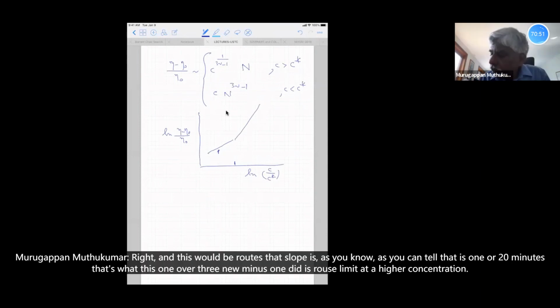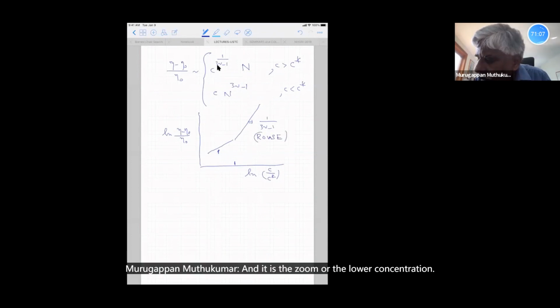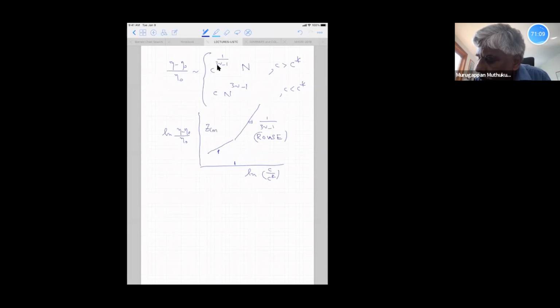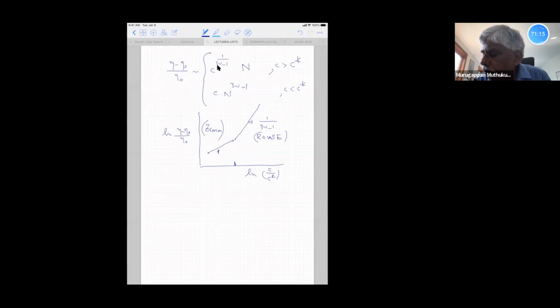This would be Rouse. That slope, as you can tell, is 1 over 3 nu minus 1. This is the Rouse limit at a higher concentration, and this is Zimm at a lower concentration. And this is C star. Concentration becomes C.